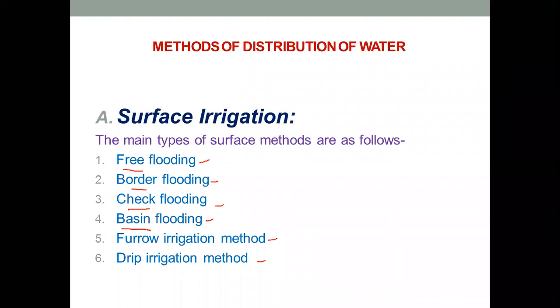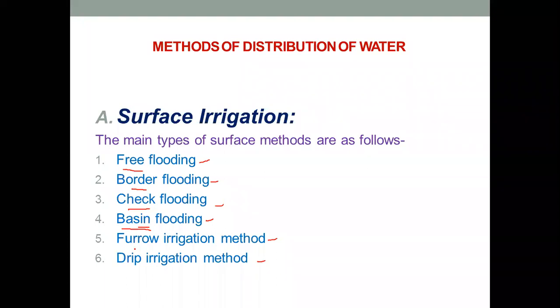Then the fourth surface irrigation method was the basin flooding method, which was another type of check flooding method, but basin flooding was specifically used for fruit trees or orchard trees such as coconut, mangoes, and apples.